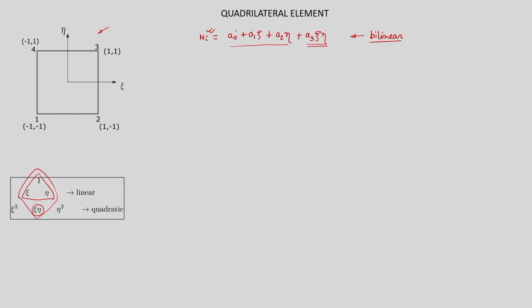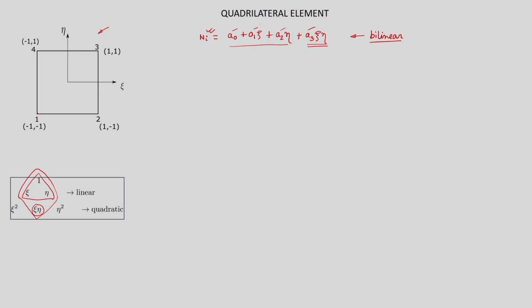Now how can we calculate these 4 coefficients? The same way: we say that N1 is 1 at node 1 and 0 at all other nodes. That will give us 4 equations, and solving them we will get the 4 unknowns a0 to a3.